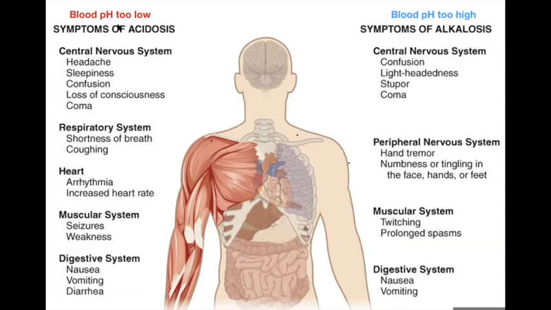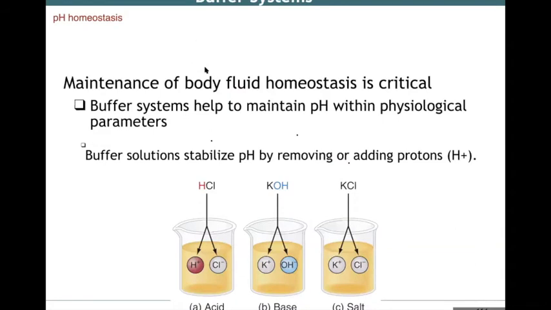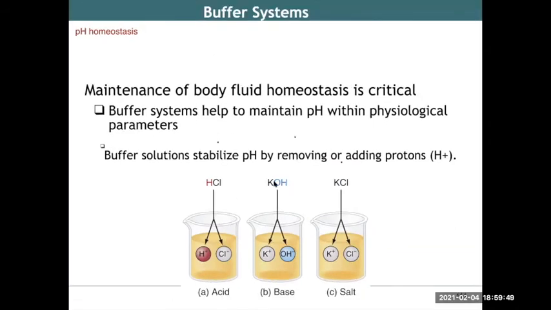So this is one of the main problems with the acidity of the blood. In order to maintain the proper pH, there have to be buffers. Buffer solution.